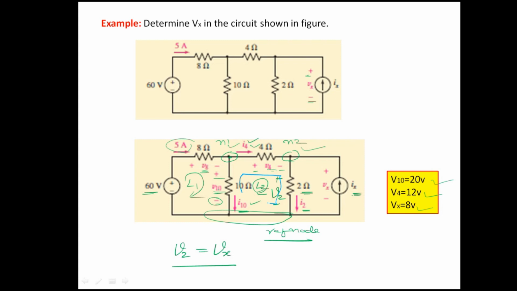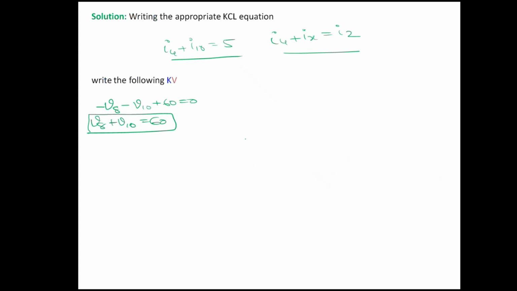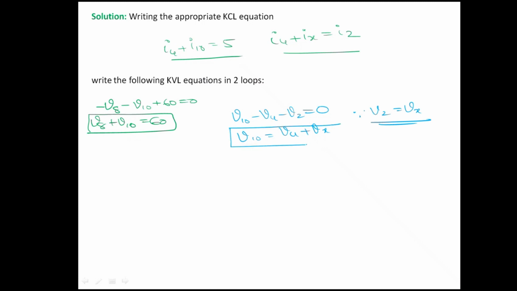Since the current in the 10 ohm resistor is flowing in from minus to plus, we get plus V10 minus V4 minus V2 equal to 0. Or we can write it as V10 is equal to V4 plus Vx, since V2 is equal to Vx, which we have already defined. This is another KVL equation.